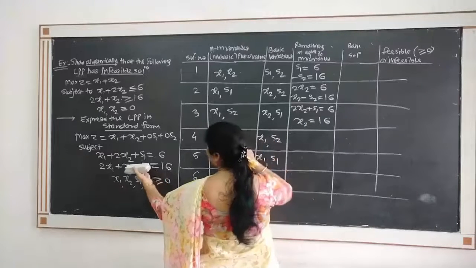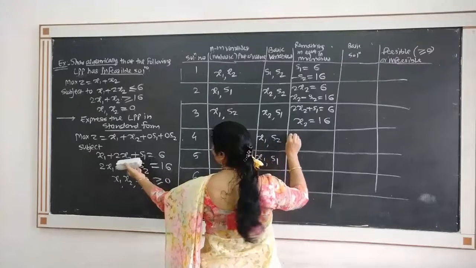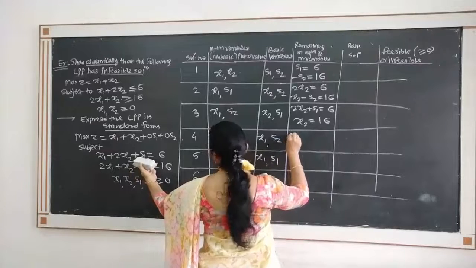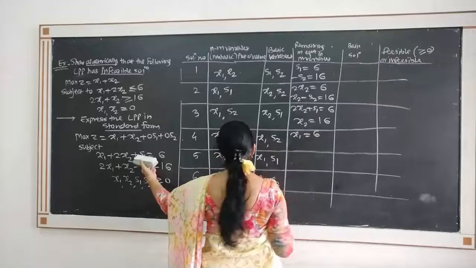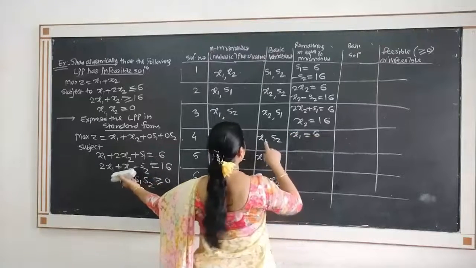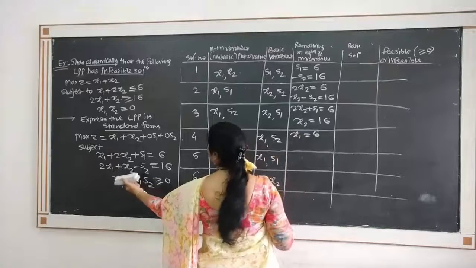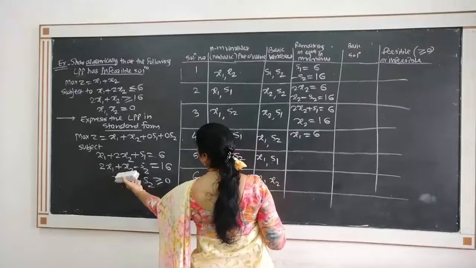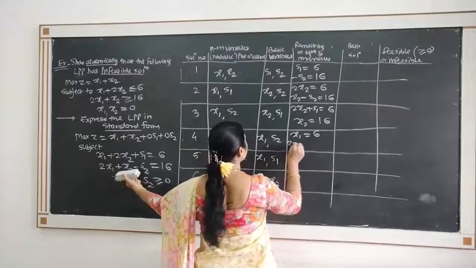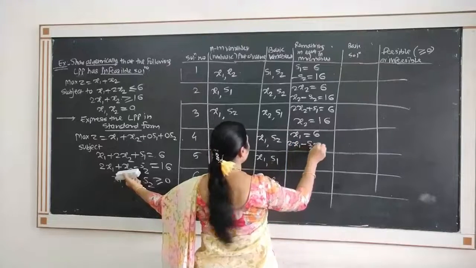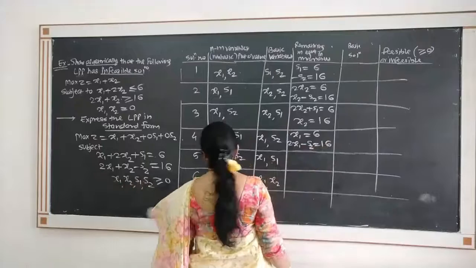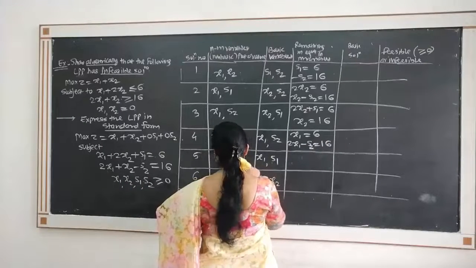Now see the next. Put x2 and s1 equal to 0. We get x1 is equal to 6, and in the second equation, putting x2 equal to 0, we get 2x1 minus s2 is equal to 16. Last, x2 and s2.